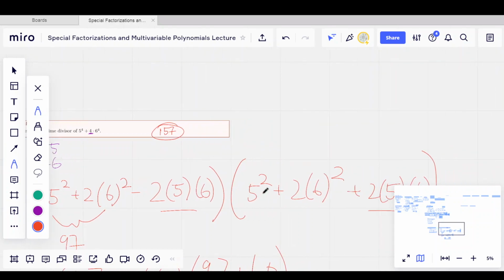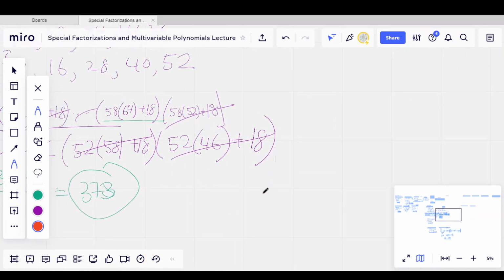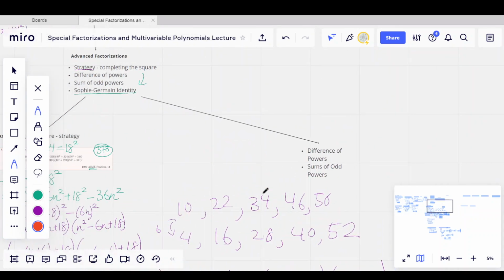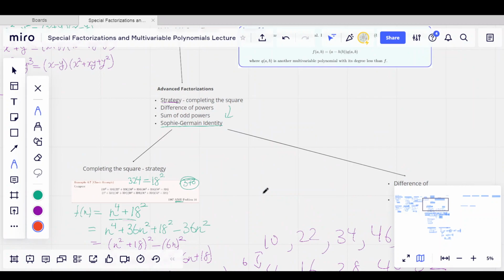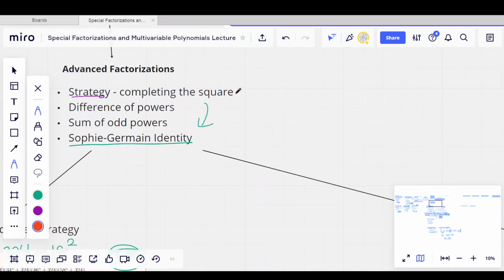Right. Let's go on. So completing the squares and Sophie-Germain are very useful for squares. So if you see squares, you can think of these two. It won't necessarily work, but these are applicable for squares.